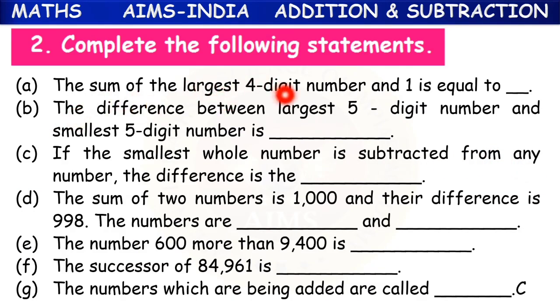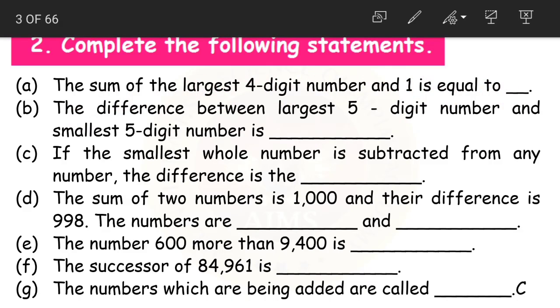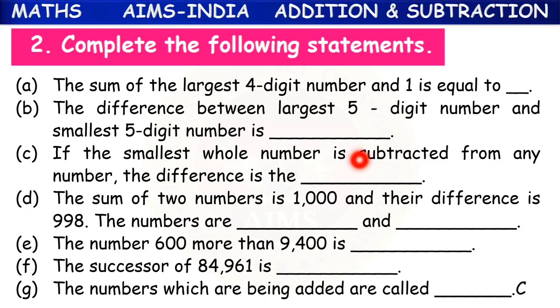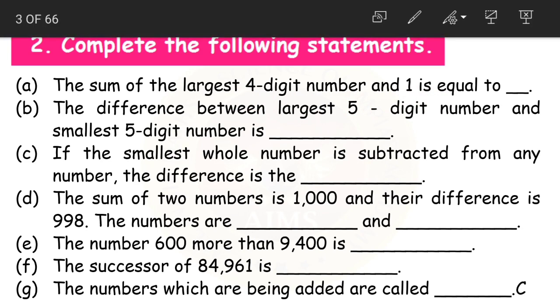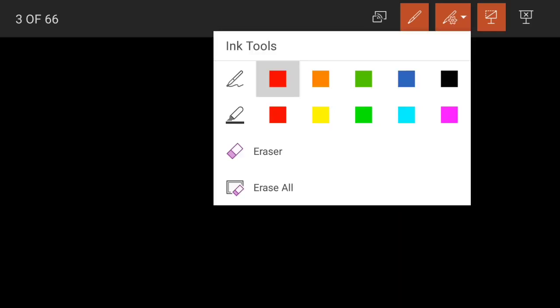Now moving on, complete the following statements. The sum of the largest 4-digit number and 1 is equal to dash. Just now we have done this, right? We are having the largest 4-digit number and when we add 1, we get the smallest 5-digit number. Now see, for example, if you take the largest 1-digit number, 9, and add 1 to it, 9 plus 1 becomes 10.